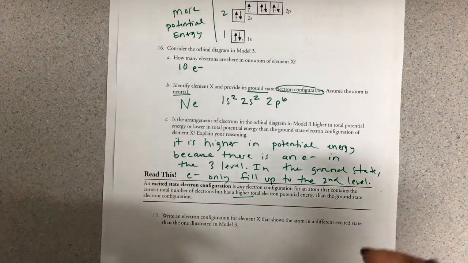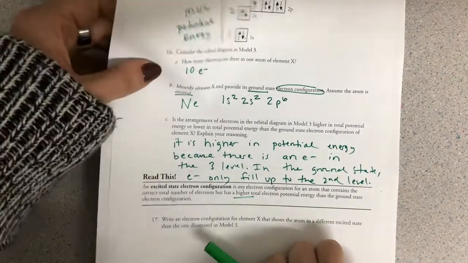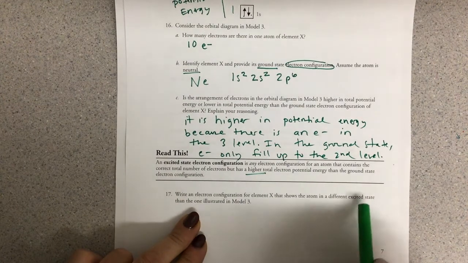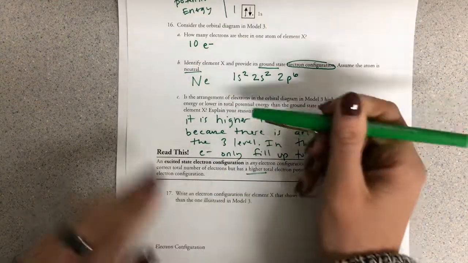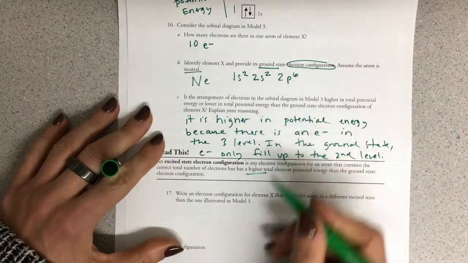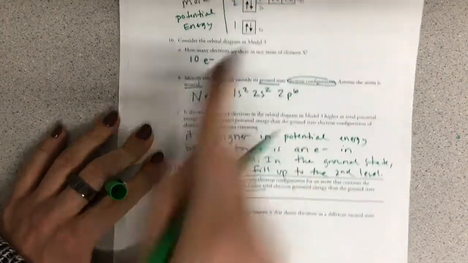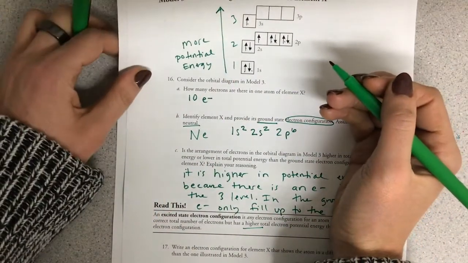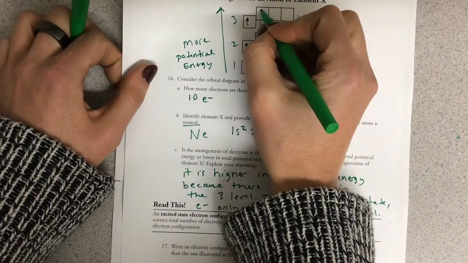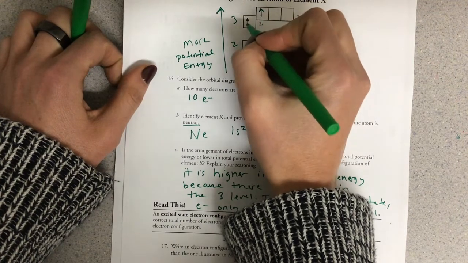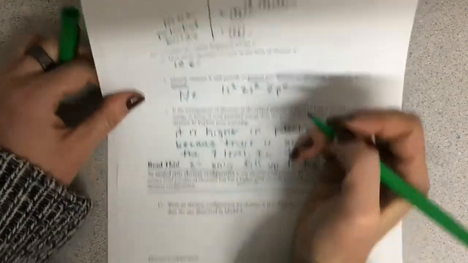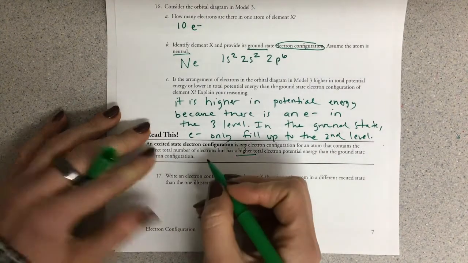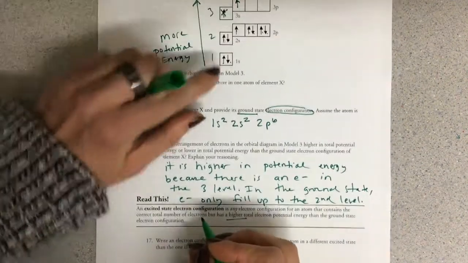Right. So number 17 says, write an electron configuration for the element X that shows the atom in a different excited state than the one illustrated in Model 3. So we're just going to make up something here. This is the excited state up here. And I'll just put the electron here instead of here. It doesn't matter. What I just want you to know is that it's not the ground state. So, here we go.